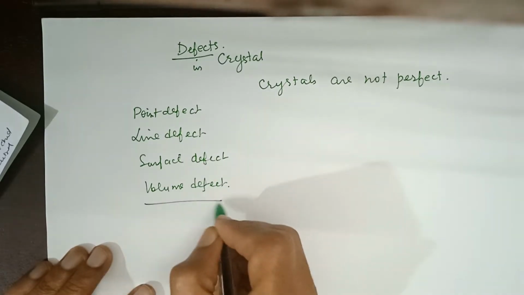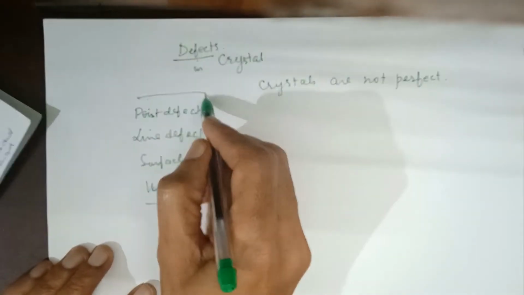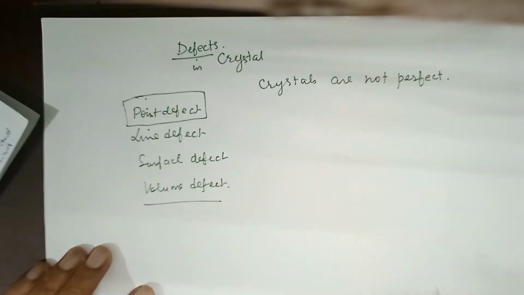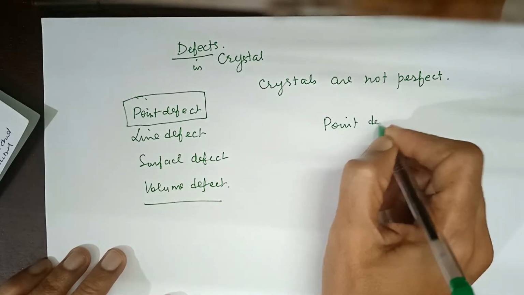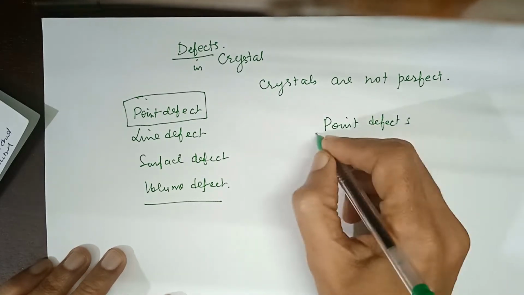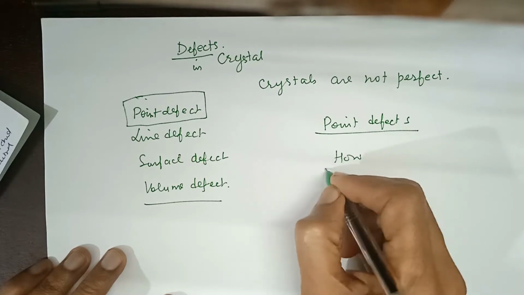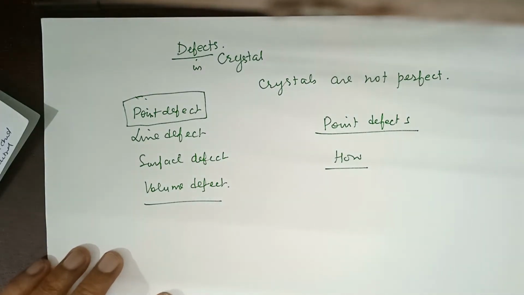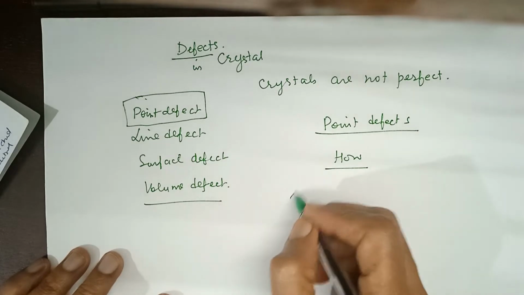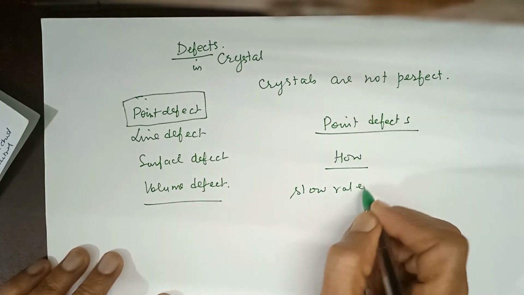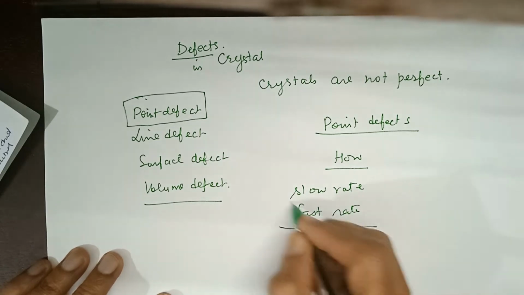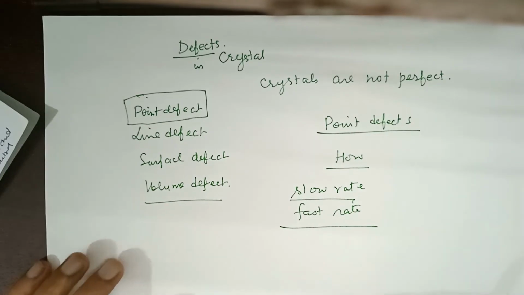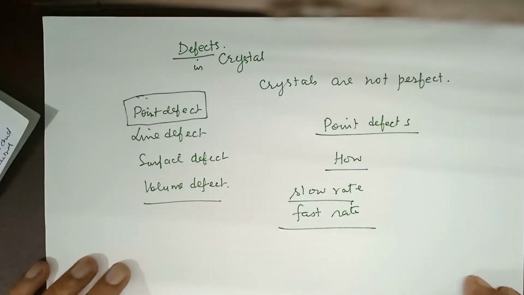In this lecture, we shall concentrate only on point defects. See, point defects in crystals. How do they arise? During the process of crystallization, whether it is slow rate crystallization or fast rate crystallization, some irregularities develop as point defects in the crystals.